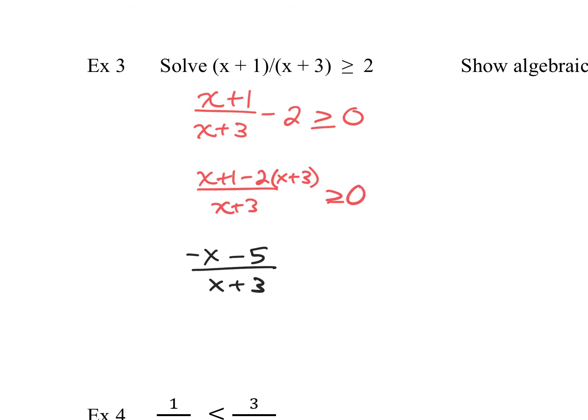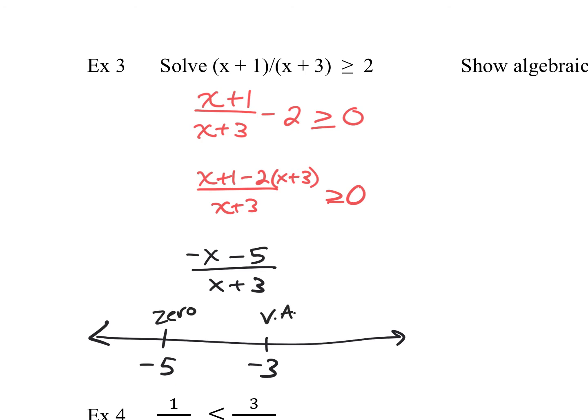So the critical values on my number line will be negative 5, the value that would make my numerator 0, and negative 3, that would make my denominator 0. So this is a zero, and this is a vertical asymptote.